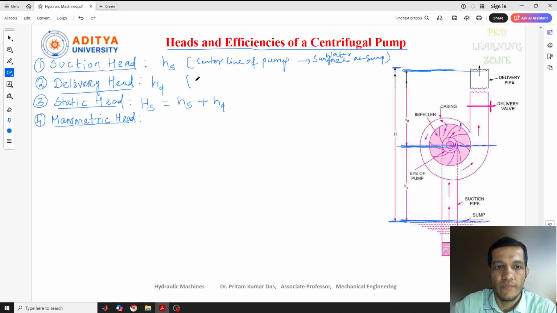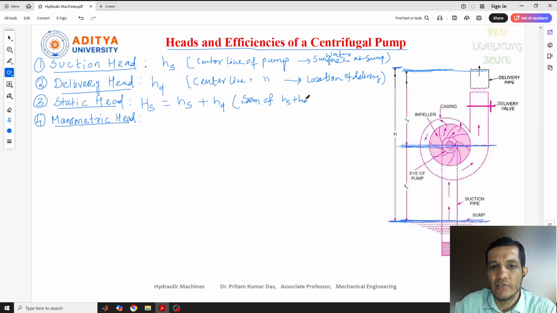Similarly here, the center line of pump to the upper level of the tank, or the location at which the water or fluid needs to be delivered. It may be anything. This is the delivery head distance, and this is the sum of suction head plus HD. That's the same thing I have written.